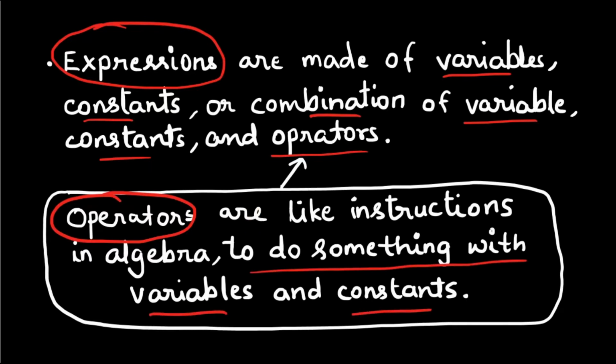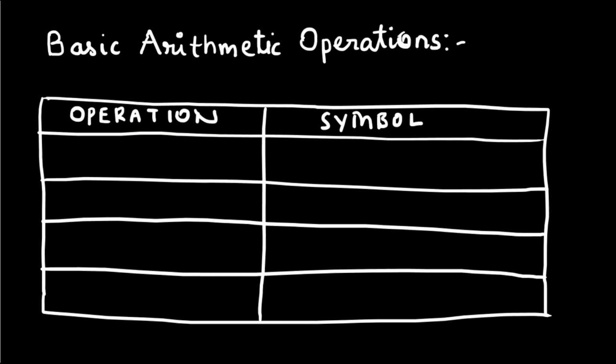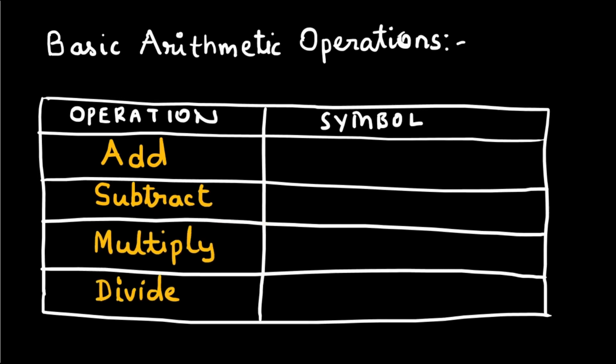You can say that they connect variables and constants to do something called math operations, after which you get a result. We can do basic arithmetic operations like add, subtract, multiply, divide. For add, use the plus symbol, minus for subtraction.